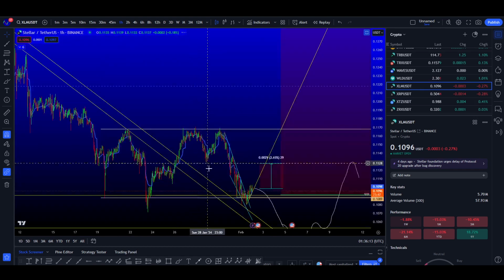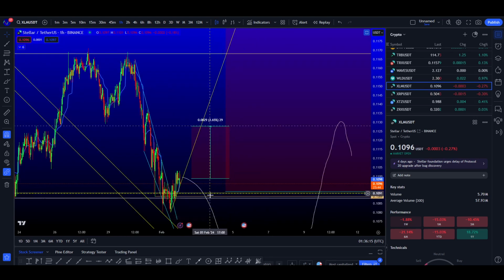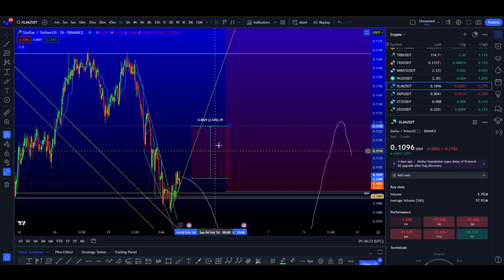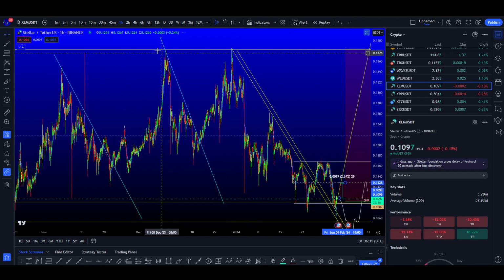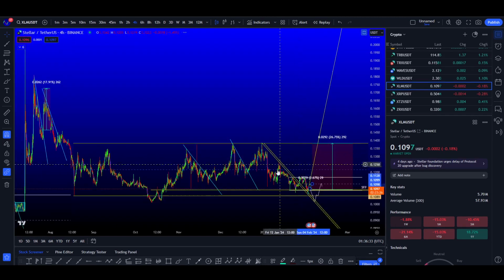But I become very bearish if this level breaks, so I'll be a little concerned. I'm no longer bullish, just watching it. I become bearish once this level breaks, and definitely once these lows are taken, because that means we're going to be looking for lower prices.